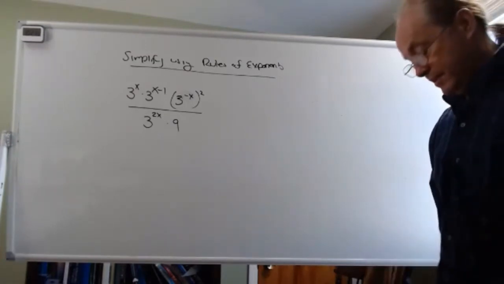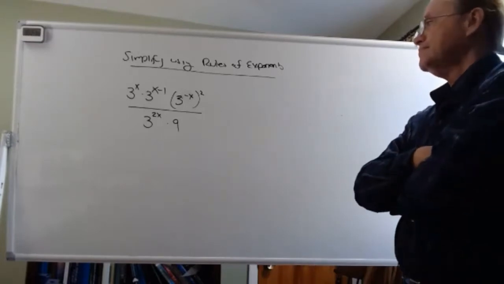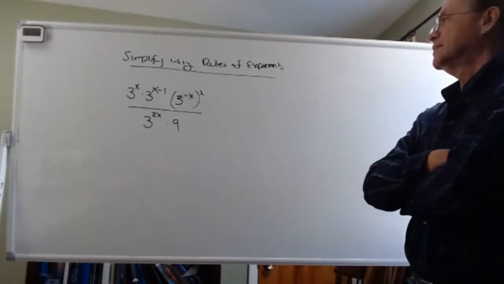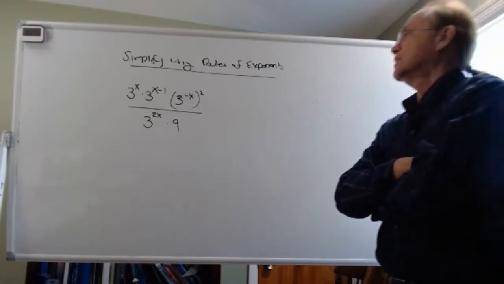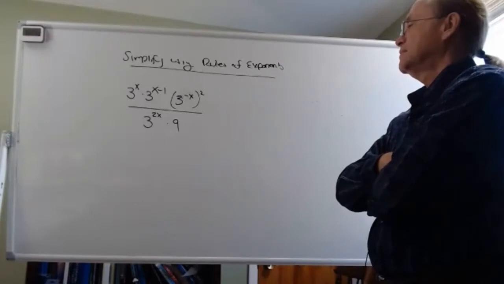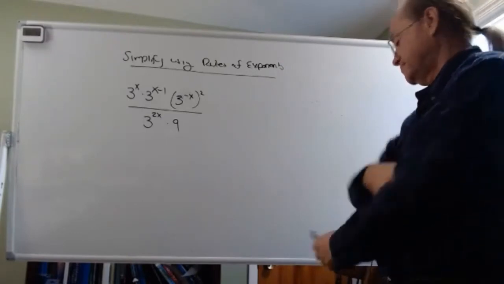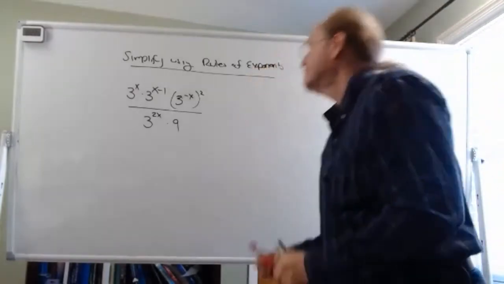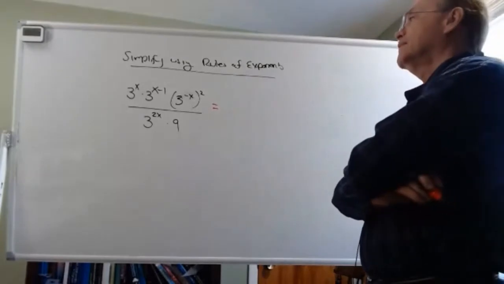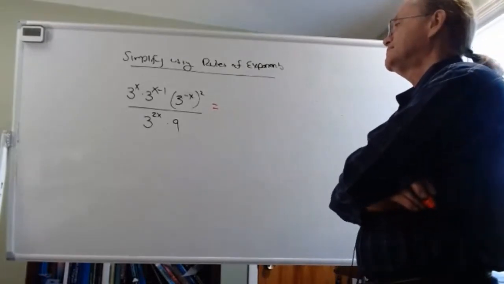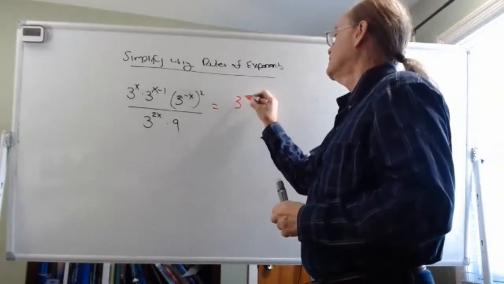So I want to have a number, and then I want to have just something with the exponent. There's a couple of ways of writing it, I should say, so we'll see how it goes. Now you could write it like this.